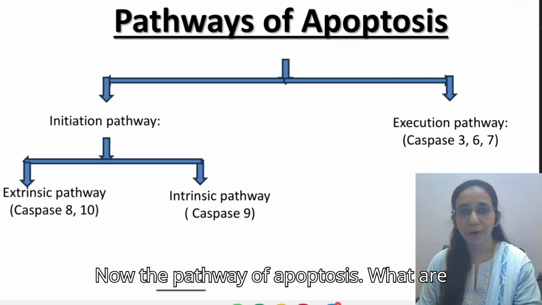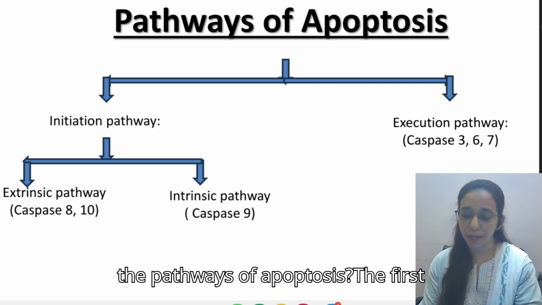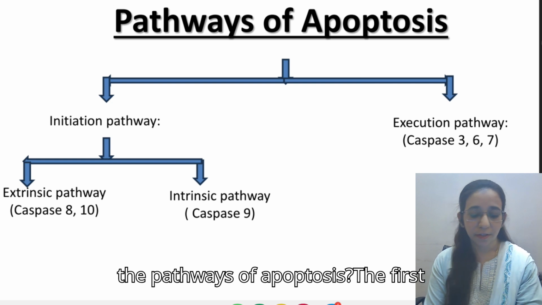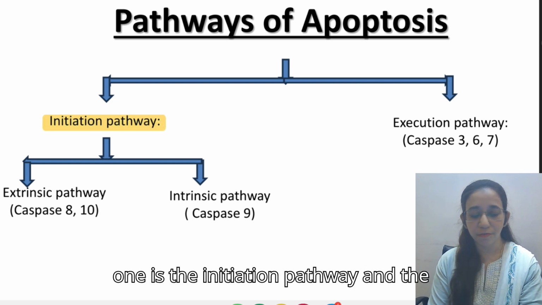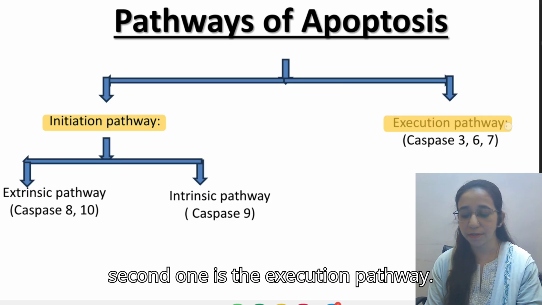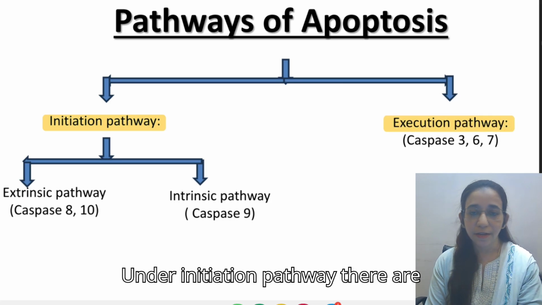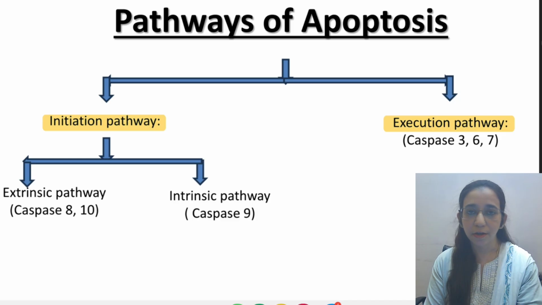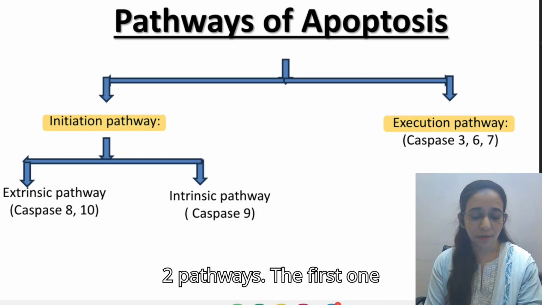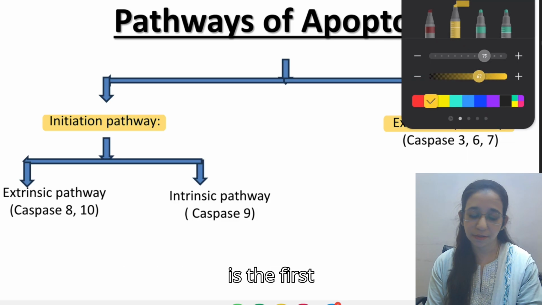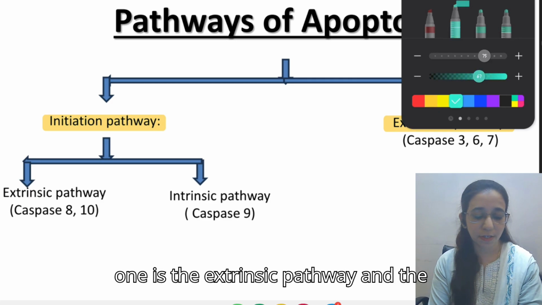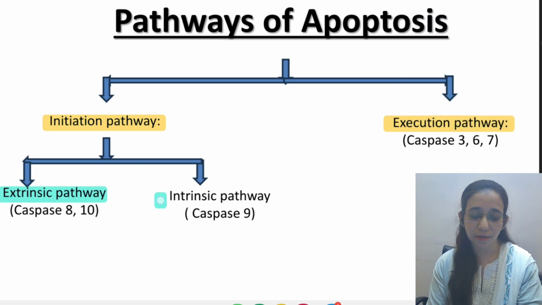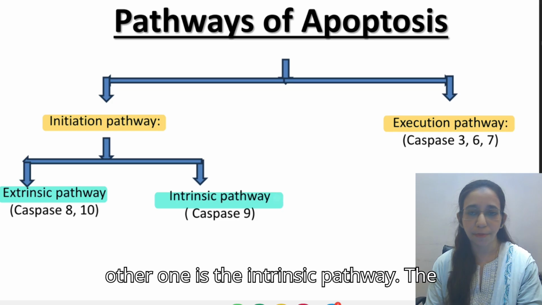Now the pathway of apoptosis. What are the pathways of apoptosis? The first one is the initiation pathway and the second one is the execution pathway. Under the initiation pathway, there are two pathways: the extrinsic pathway and the intrinsic pathway.